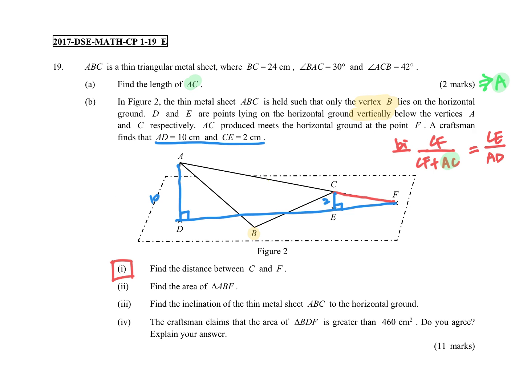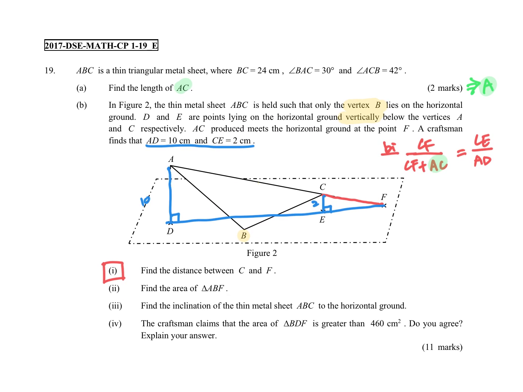And then this is 2 over 10. So after that, we try and make AC the subject. So in that case, 2AC equals to 10 CF minus 2CF. So 4CF equals AC.